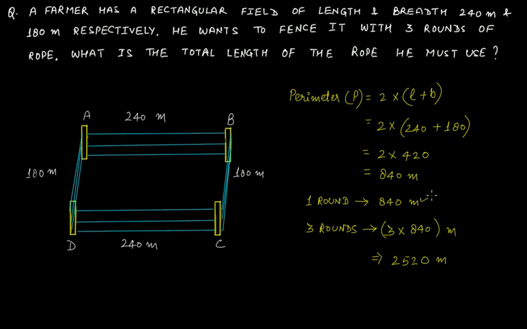So if this was the length of the rope required for one round, this will be the length of the rope required for 3 rounds. So this length of the rope, and the farmer can fence this rectangular field 3 times.